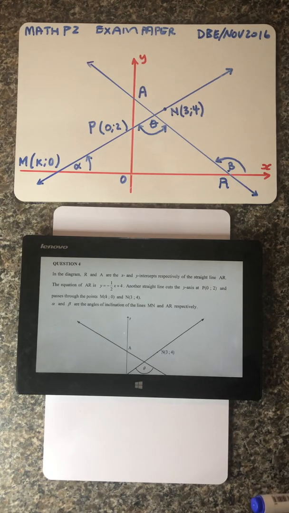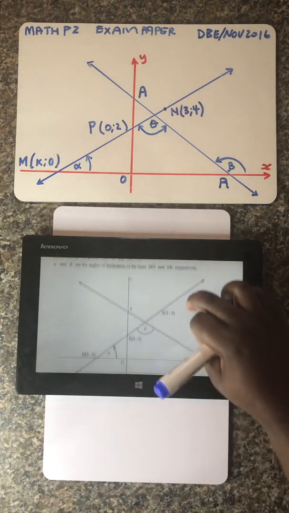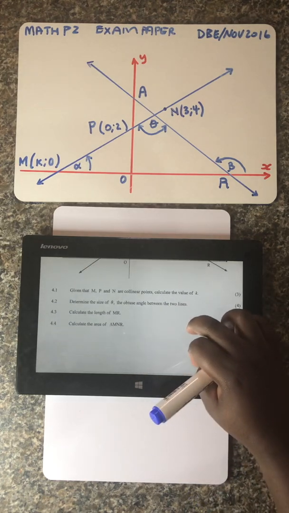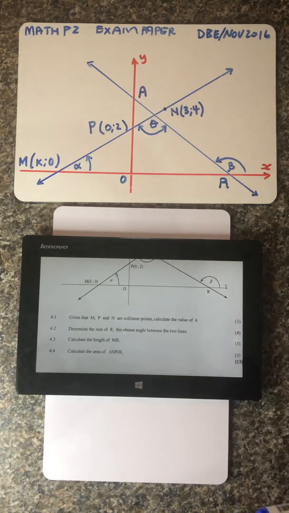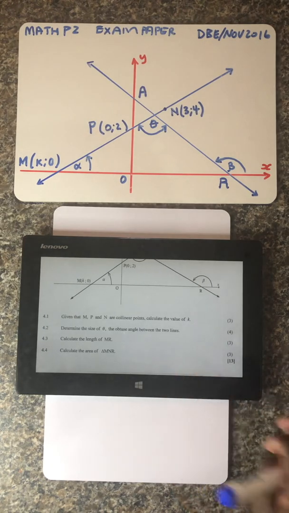So guys, without any waste of time, I'm just going to read through the statement, take you through the diagram, and solve these questions, and at the same time, I'll show you where and how you score some marks.